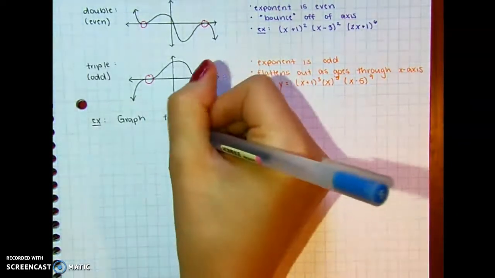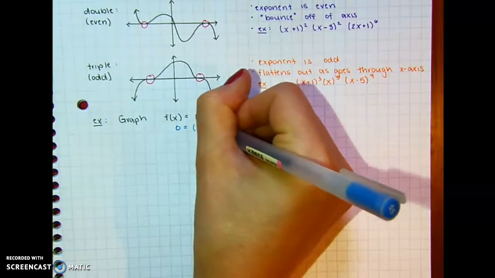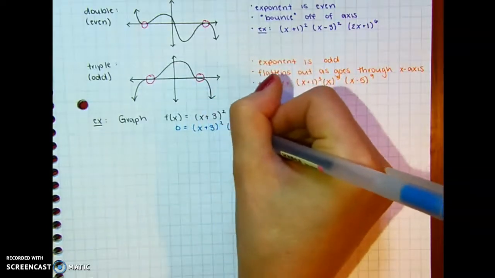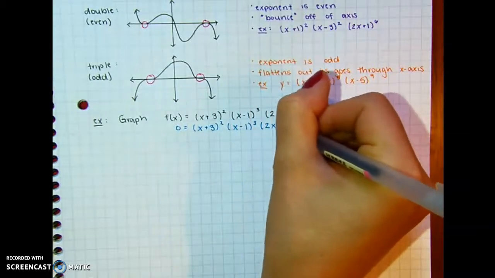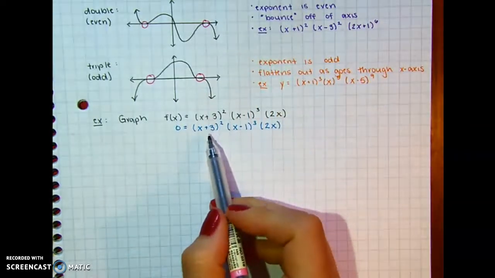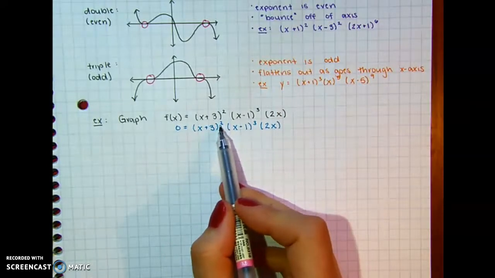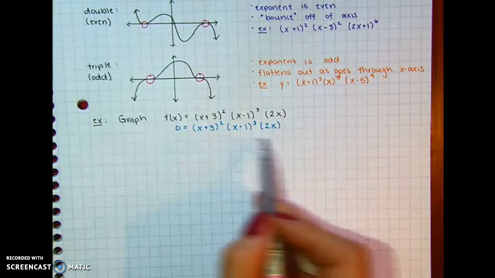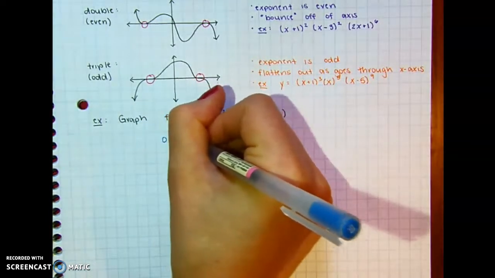So you need to set this equal to 0, which everyone does need to show. And then we're going to use the zero product property. So even though this has a multiplicity of 2, this has a multiplicity of 3, and this has a multiplicity of 1, we can ignore that and just set each one equal to 0 on its own.